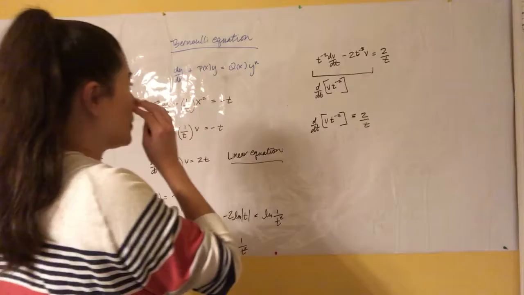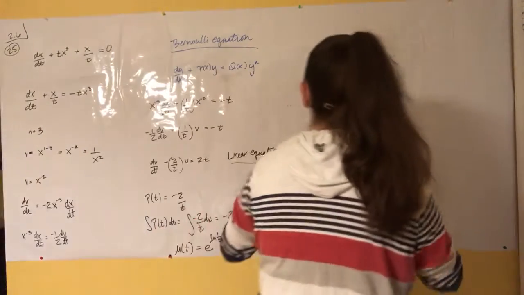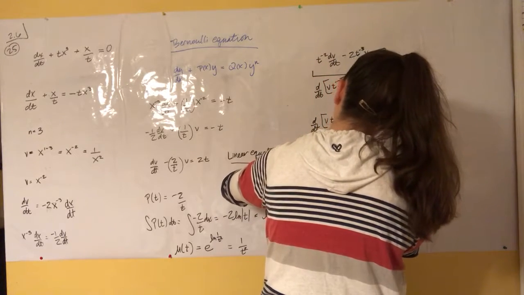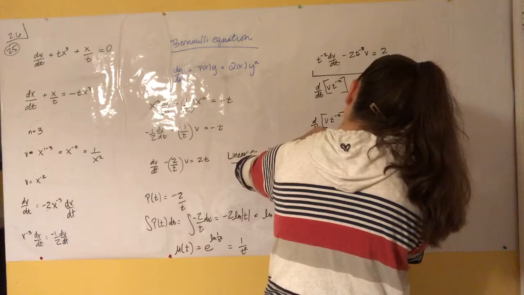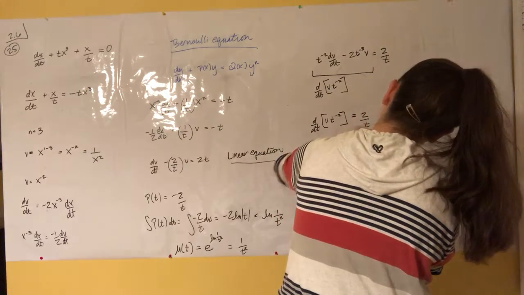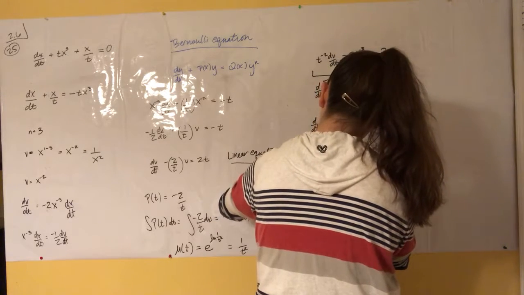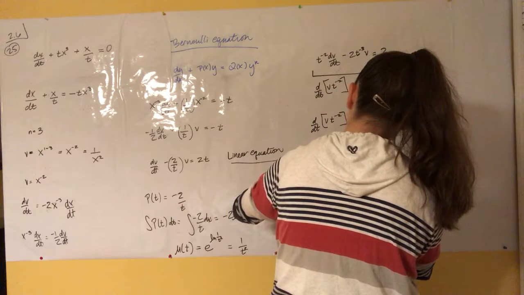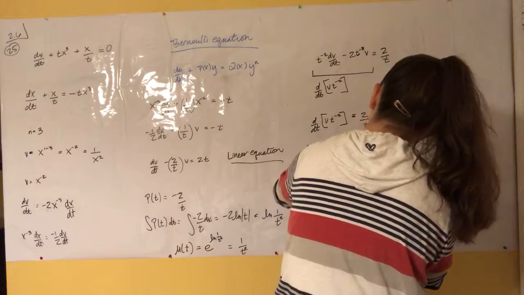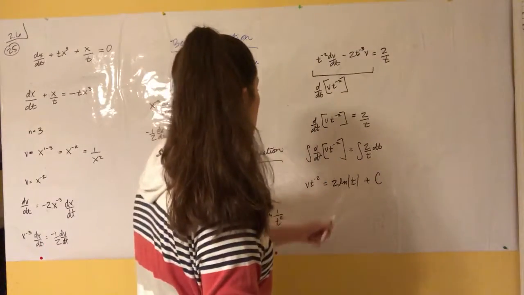Okay, and then you just want to integrate everything. Okay, that comes out to 2 times ln t plus c.